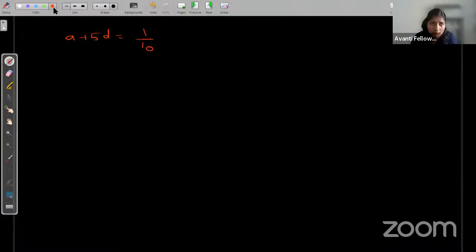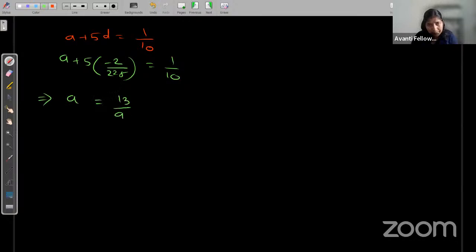Just substitute the D value here: A plus 5 into minus 2 divided by 225 is equal to 1 by 10. Just compute it, and when you solve it, you will get the value of A is equal to 13 by 90. Well, we found the values of A and D now.